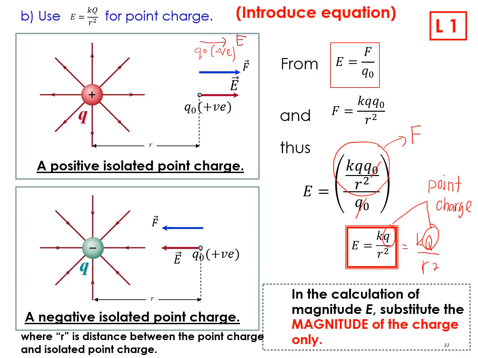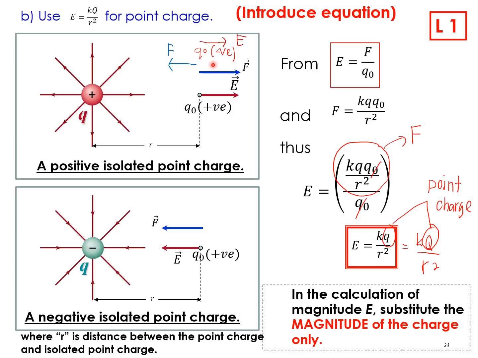But the direction of F is attracted, positive and negative. So you see, the direction of F depends on both the test charge and the point charge, but the direction of electric field only depends on the point charge.